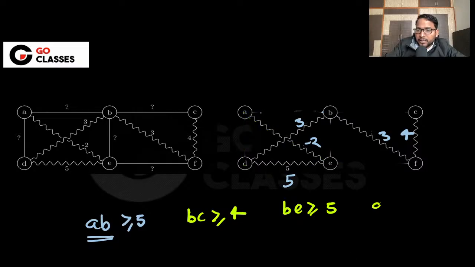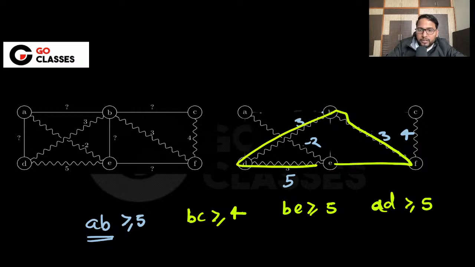Right? One of the edges we have not written, EF, right? So what about this EF? EF is basically greater than or equal to 5 only.